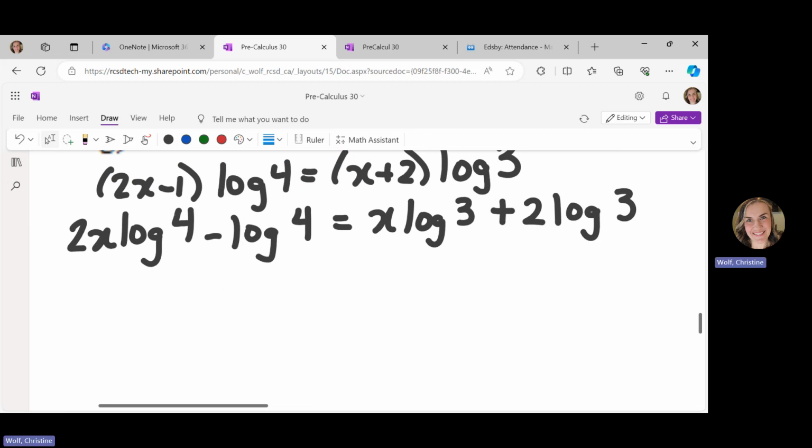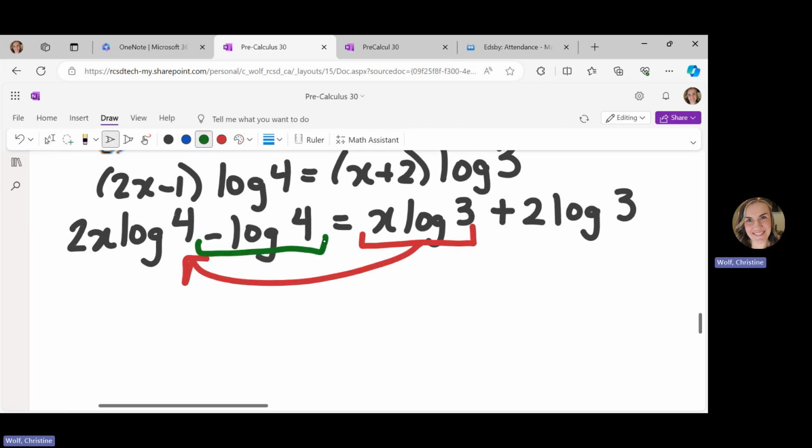But just like you learned in grade 9, if you have x's on both sides of the equation, you've got to get them over to one side. So that's what I'm going to do here. I'm going to take this x log 3, pull it out, and bring it over here. And then I'm going to take this log 4 and send it over. So I have the x logs on one side and the non-x logs on the other. So this guy is going to come over and he'll become negative.